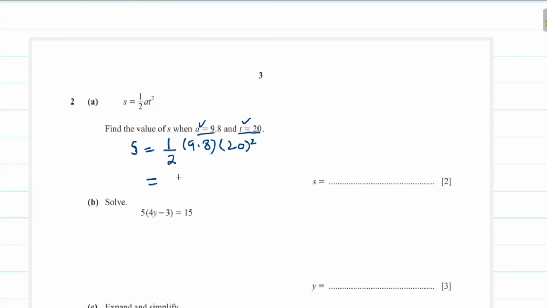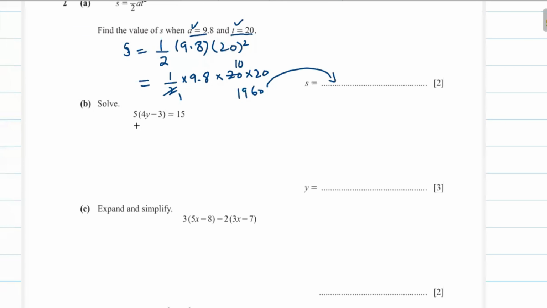We can write this as 1 over 2 multiplied by 9.8 multiplied by 20 multiplied by 20. 2 times 10 is 20. Therefore, 9.8 multiplied by 10 multiplied by 20, we get 1960, and this is the value of S.